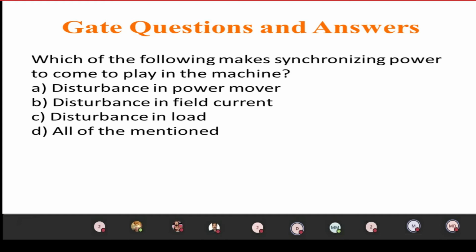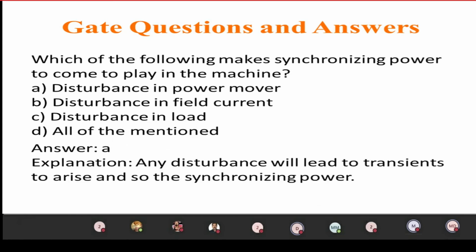When you change the mechanical input, the synchronizing power changes. Any disturbance will lead to a transient. So the answer is A.